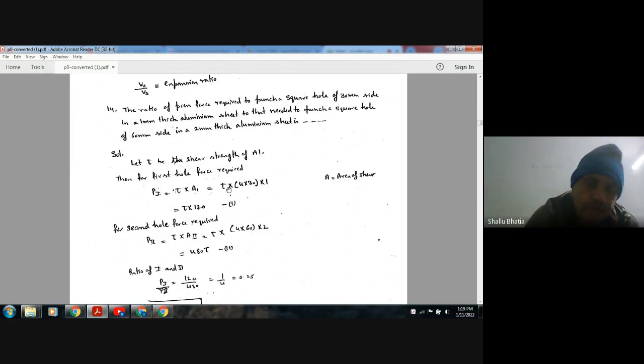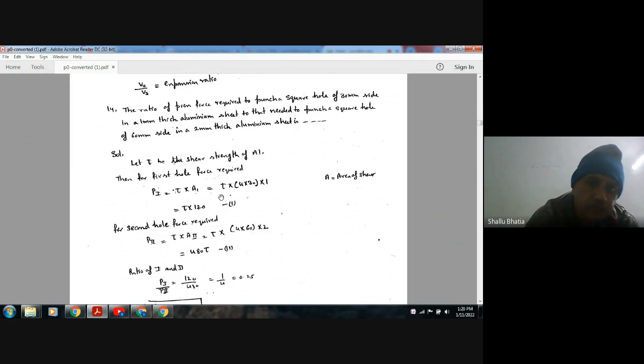And in punching, the shear stress is the main cause of making a hole. Okay, so shear stress is required to cause punching of a hole.